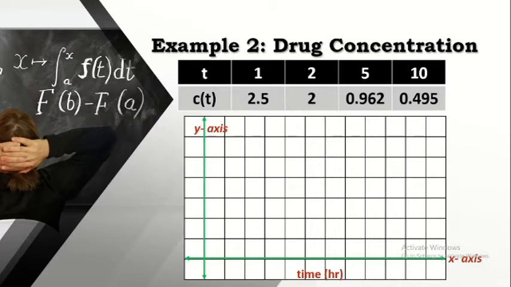And for the y-axis, let us use C of t, or the concentration of drug in the patient's bloodstream, as our vertical values. Let us put calibration. Let us put from 0, 1, 2, 3, 4, 5, 6, 7, 8, 9, 10, and so on and so forth.